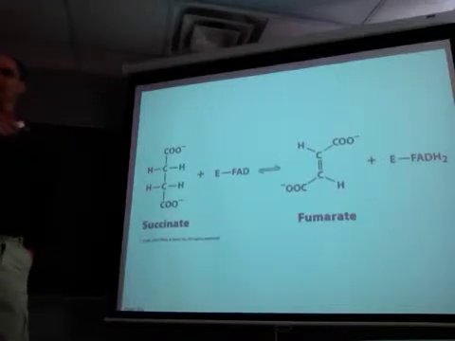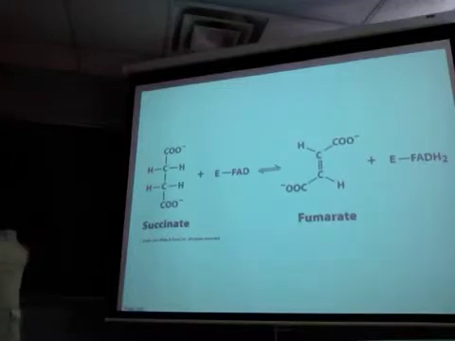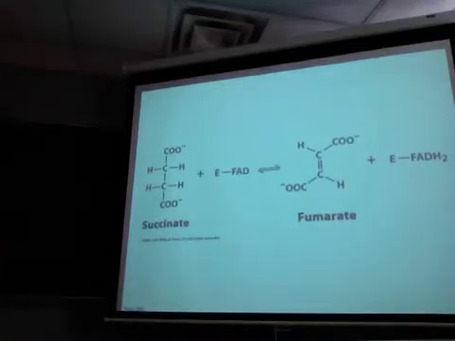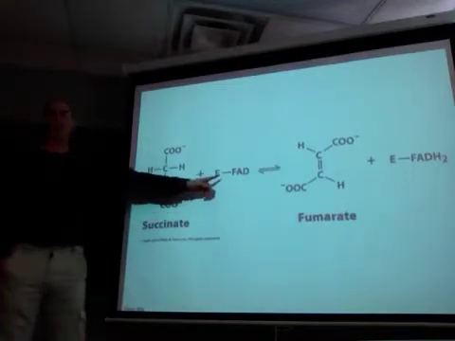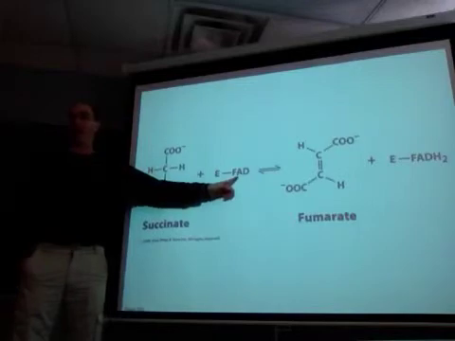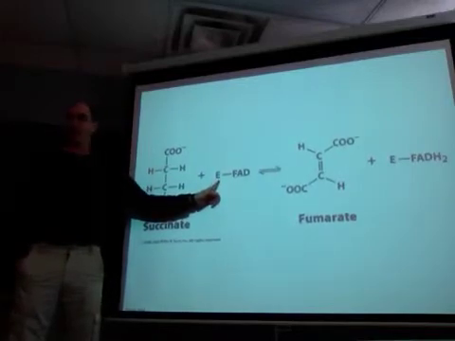Question, Michelle? But is FADH then a control factor of getting all the way through the citric acid cycle? Because it must be reoxidized before it can take on another catalytic cycle? Yes. But remember, what's different with FAD as a coenzyme compared to NAD? And this is a hint.